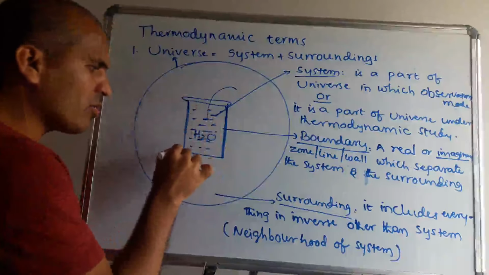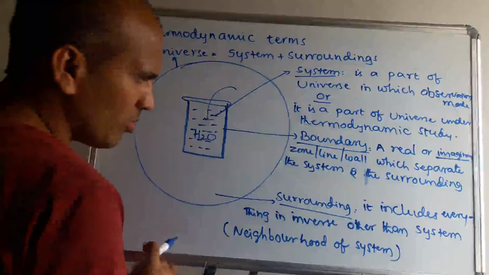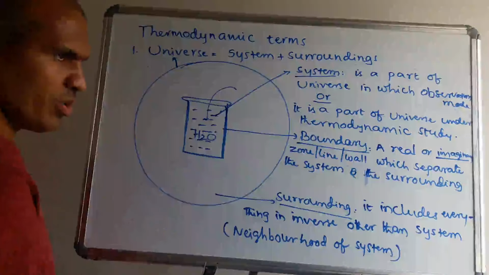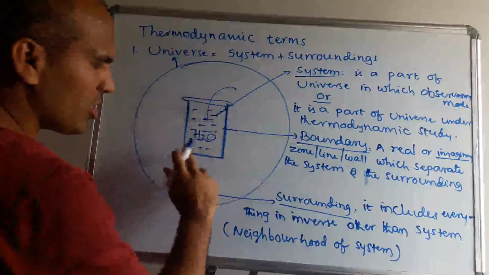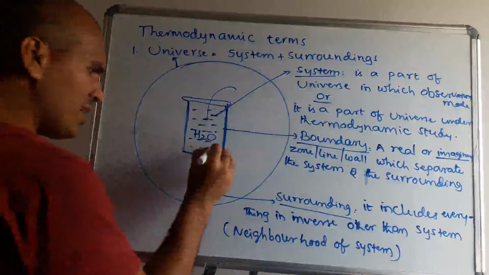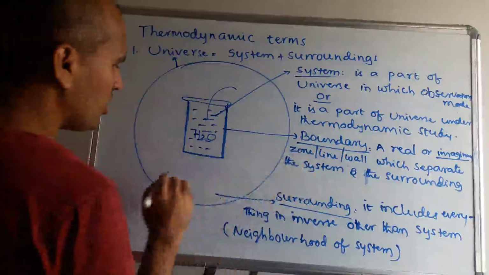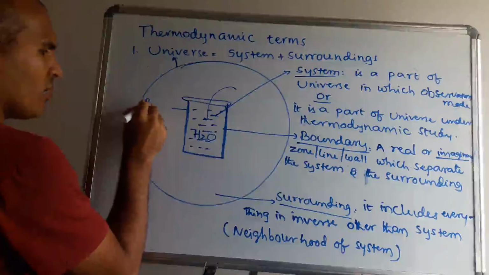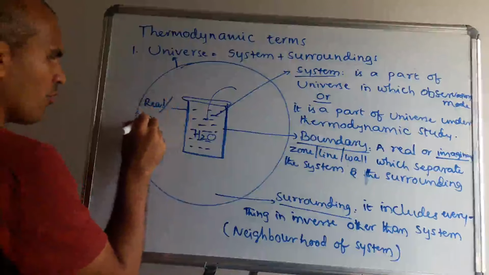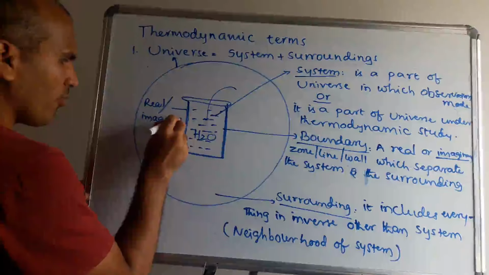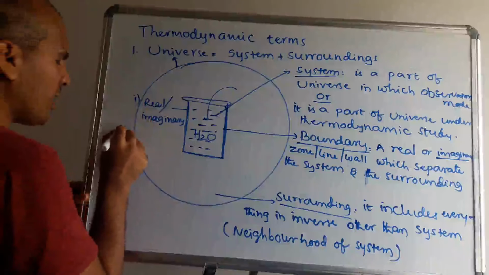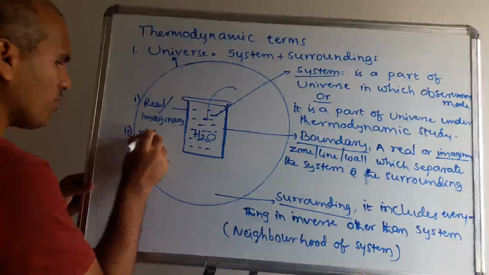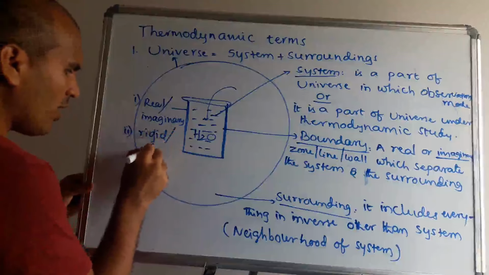Based on our wish, how to control and how to keep track, we can prepare this wall. So based on this wall only the energy transformation will occur. I already told you this boundary has some types. I will write here: this boundary may be real or imaginary, one type. Second type, this boundary may be rigid or flexible.